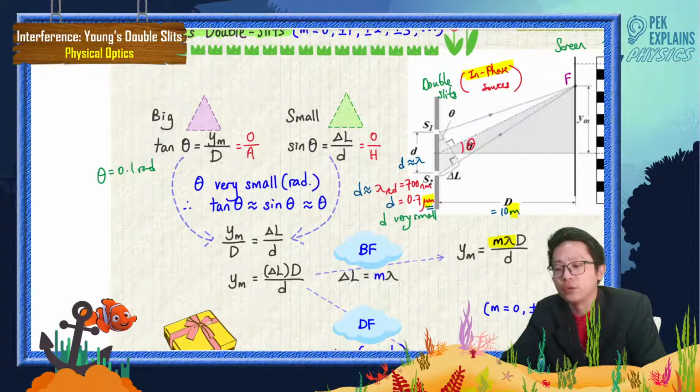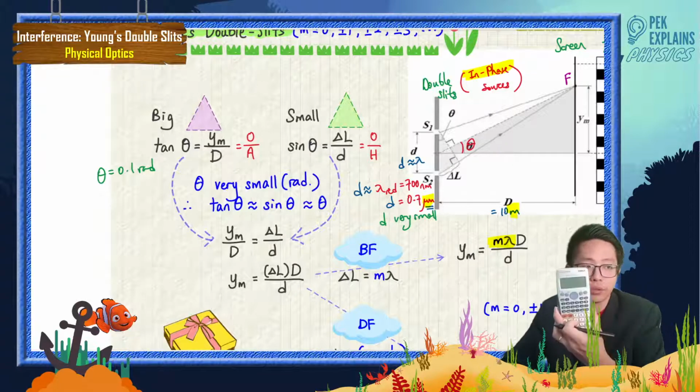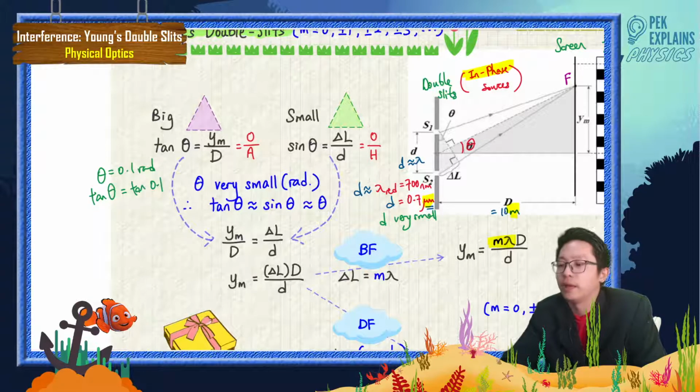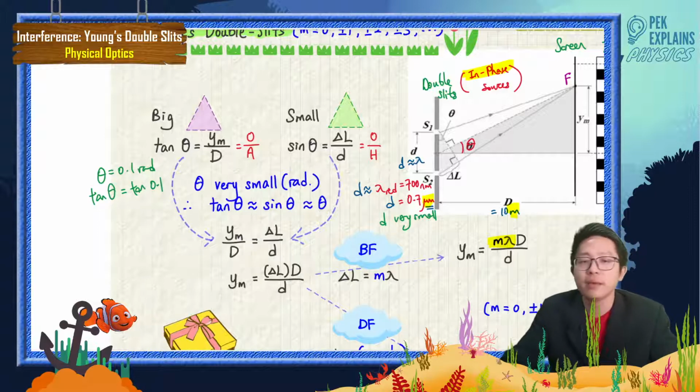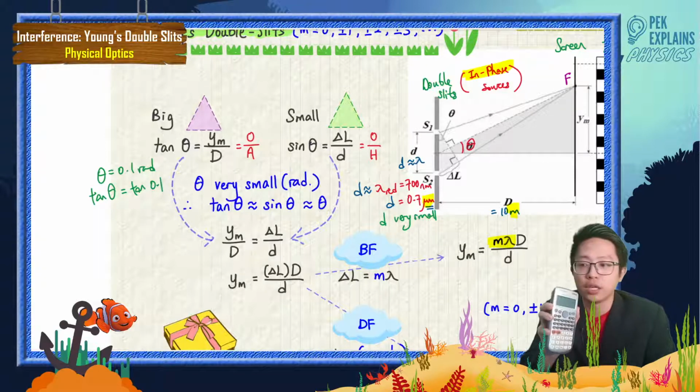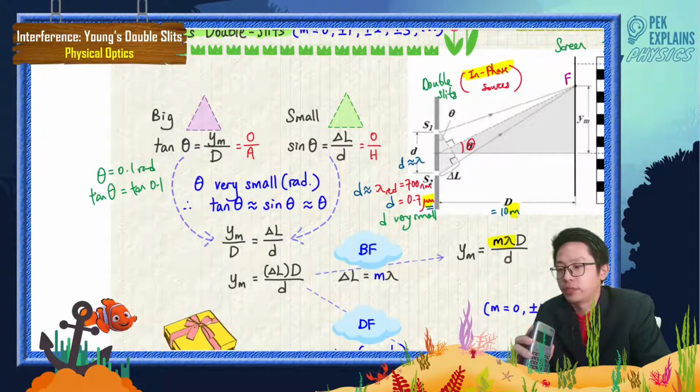Now I want you to use your calculator to calculate tangent theta, which is tangent 0.1. Make sure you change your calculator into radian.